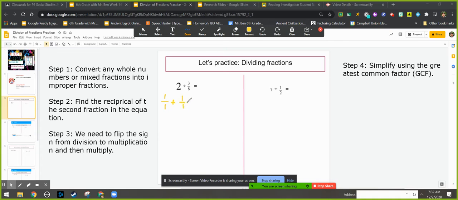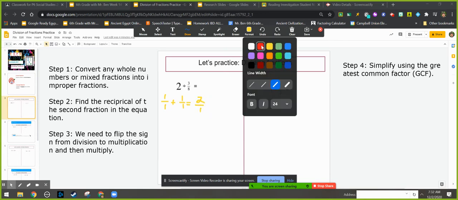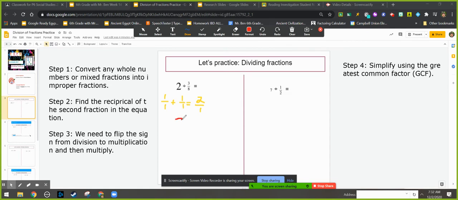Now, when you add fractions, you're only adding numerators if they have like denominators. So that means that if I add the numerators, that's going to equal 2 over 1. So my new fraction is going to be 2 over 1. And my new equation is divided by 3/8. Okay, so there we go. That's my new problem.